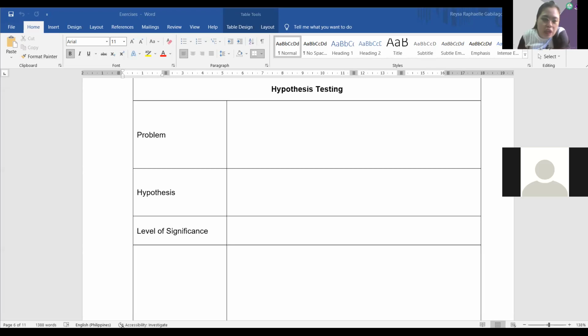Then the null hypothesis. IC, Vallescas, Hannah Regalado, and Zuen. Kindly send the null hypothesis in the chat box. I'll be waiting for that. Again, our problem here is that the researcher wanted to determine whether the drug has an effect on the scores of the human subjects performing the ESP sensitivity test.